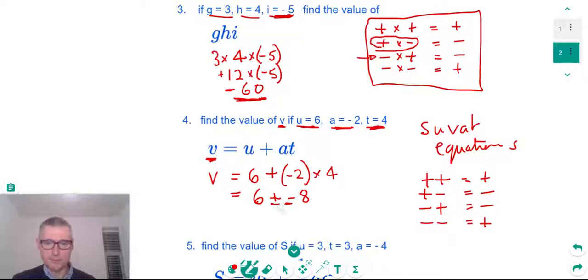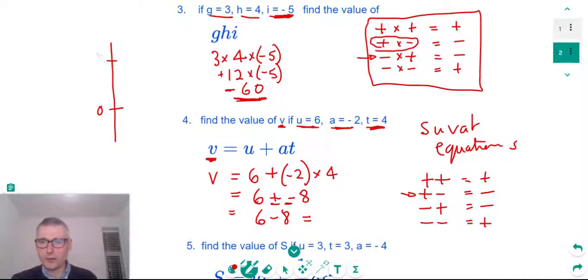Here we've got a positive and a negative next to each other, so that's this one, and they make overall a negative. So we've got 6 minus 8, and then we just need to work out the value of that. To do that, we have to think of a number line, really. So think of a number line, 0 in the middle.